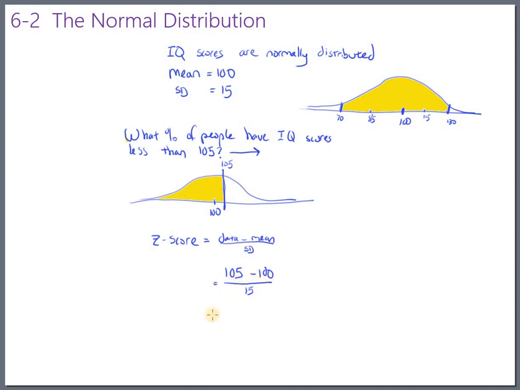So that works out to 5 over 15, which is 1/3, or approximately 0.333. Okay, so as far as z-scores go, this is an IQ score of 105, or a z-score of 1/3. Okay, now we're ready to get StatDisk up.